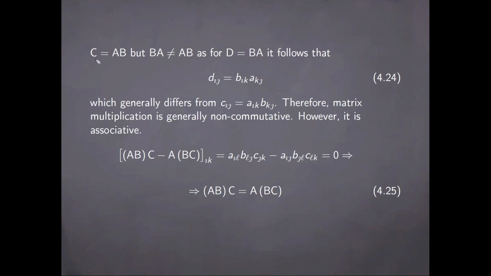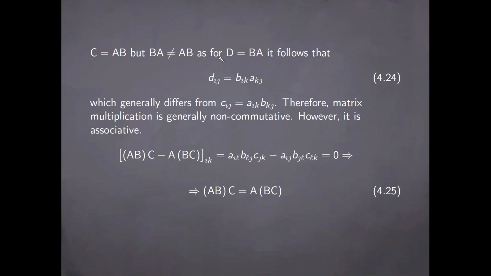We have found that the matrix C is given by the product of the matrices A and B, but we need to take note of the fact that the product B times A is usually different from the product A times B, where these are obviously matrices.